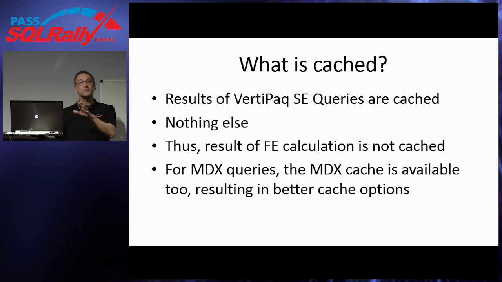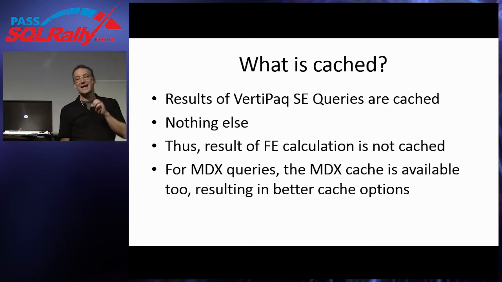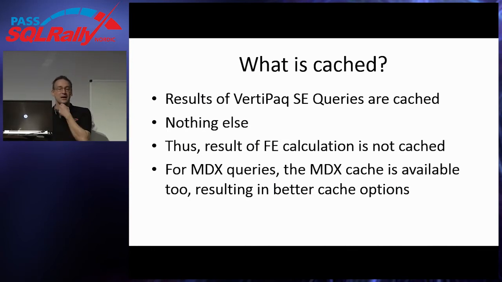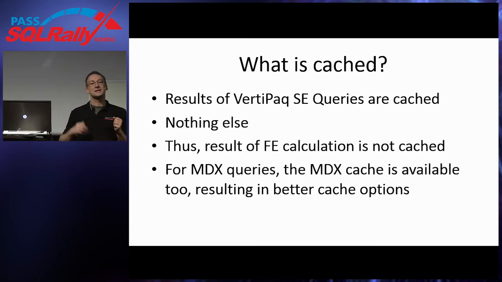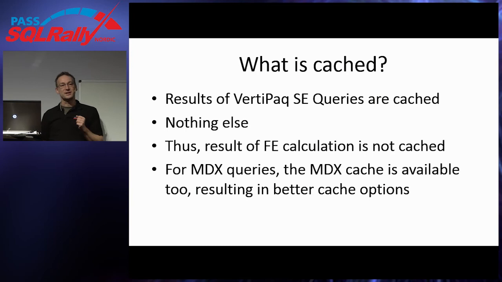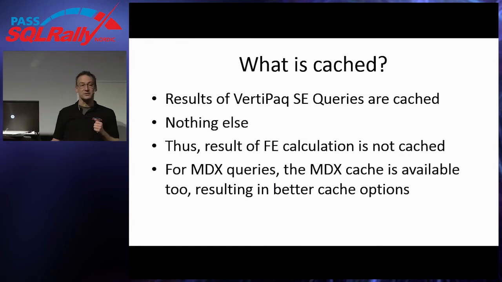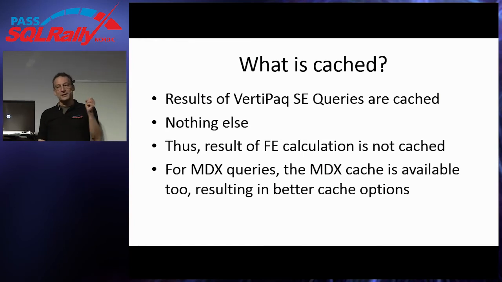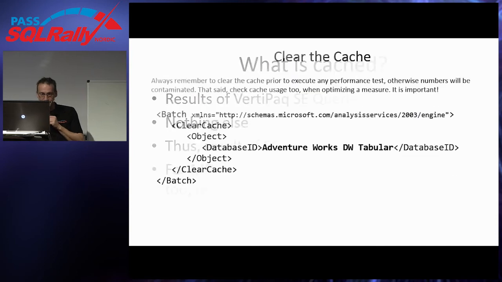If you use MDX to query Tabular, then the cache is slightly better because you have even caching of measures and the MDX cache is available. Sometimes it is better to use MDX, sometimes it is better to use DAX. Generally speaking, with DAX you have a finer control over the algorithm used, so you can express better expressions. With MDX you have a better cache.